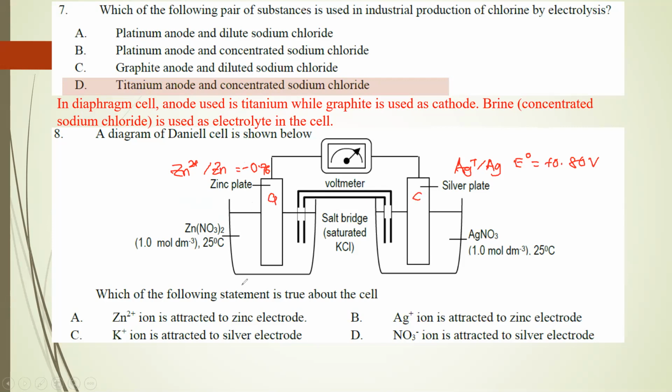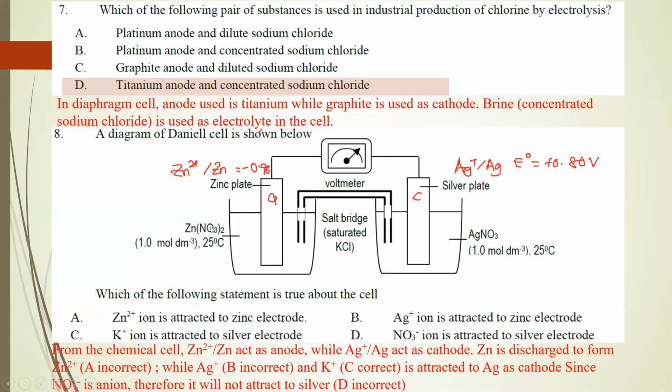Okay, so which of the following is true about the cell? Number A says that the zinc ion is attracted to the zinc electrode, which is not true. Zinc ion will eventually go in the direction of the cathode, which is the silver plate. And number B, silver ion will be attracted to the zinc electrode.